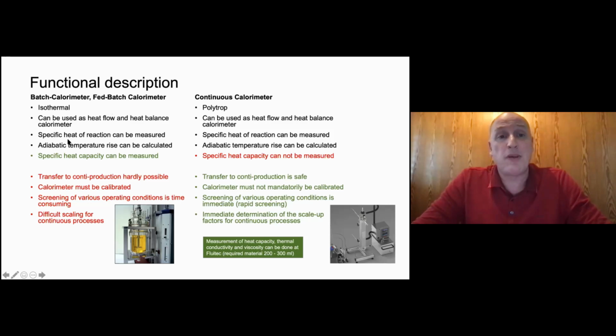You have specific reactions that can be measured. The adiabatic temperature rise can be calculated. Specific heat capacity can be measured. But you have some problems transferring these results into a continuous production. So there is sometimes some result missing.